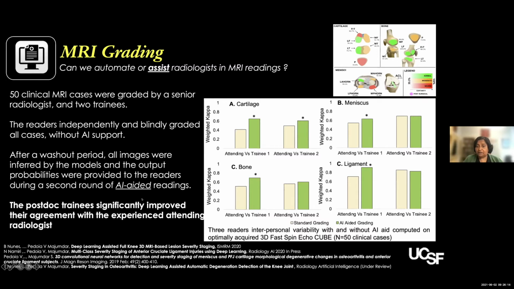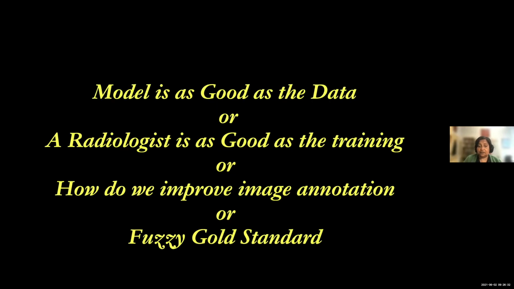It's not perfect, but it is at least heading towards 0.6, 0.8, not percent, 80% in many cases. So it significantly improved their agreement with the experienced attending radiologists. So there is a role for AI guided decision making in terms of grading some of these images.